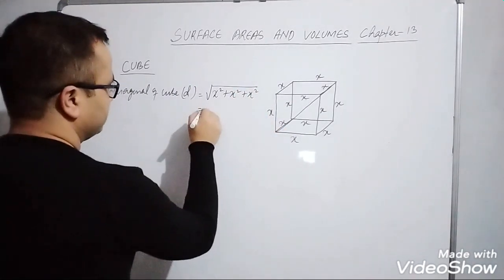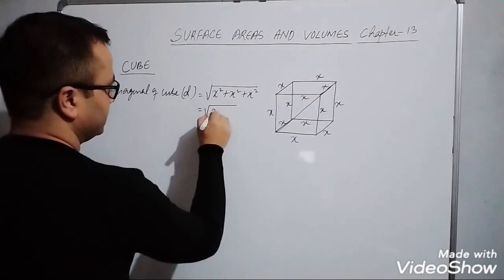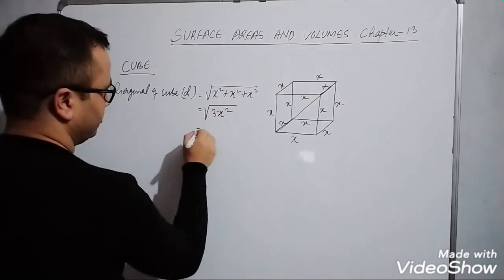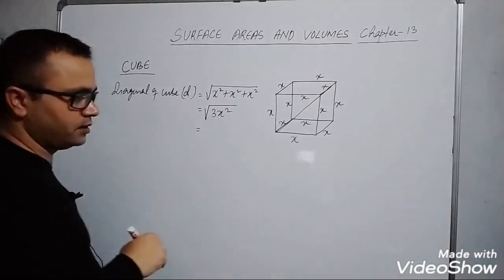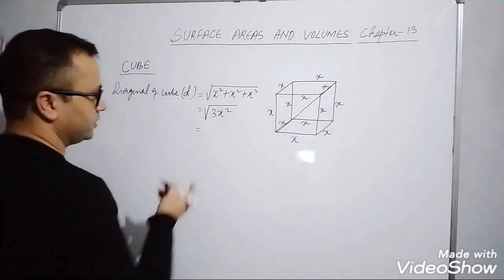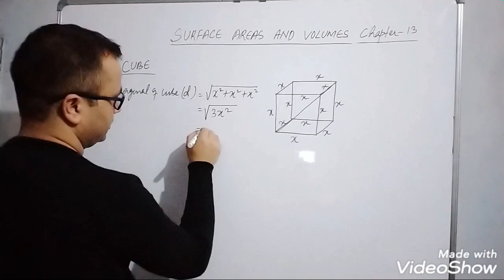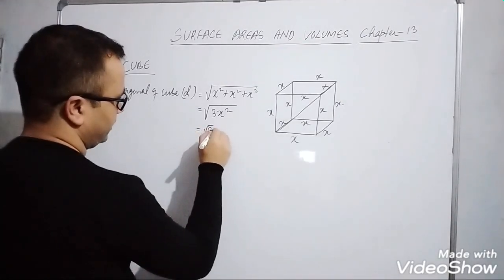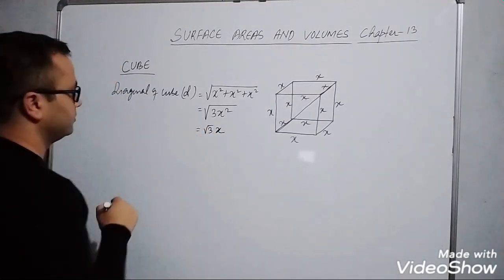So this will be root under 3x square. Now x square can be removed from the root because of the square. So this equals root 3 x. So this is the diagonal of a cube.